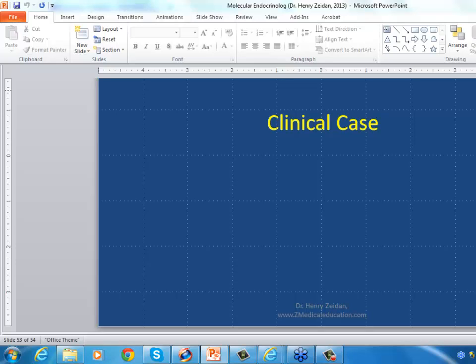As I said, the endocrine system constitutes a major section of the USMLE exam. You have to appreciate the normal physiology first in order to understand the pathophysiological aspects. When we address those classes, we're going to address them in this sequence.